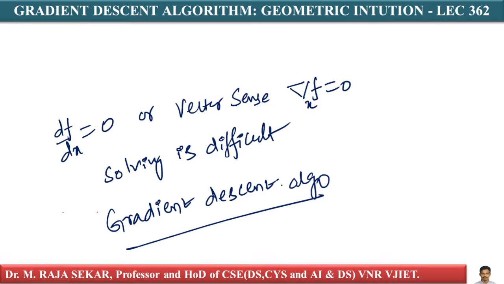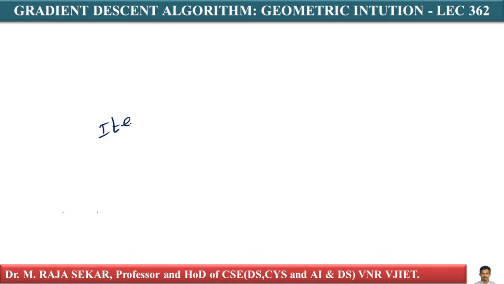The gradient descent algorithm is an iterative algorithm, which is very easy to implement in a modern computer, and it works like this.